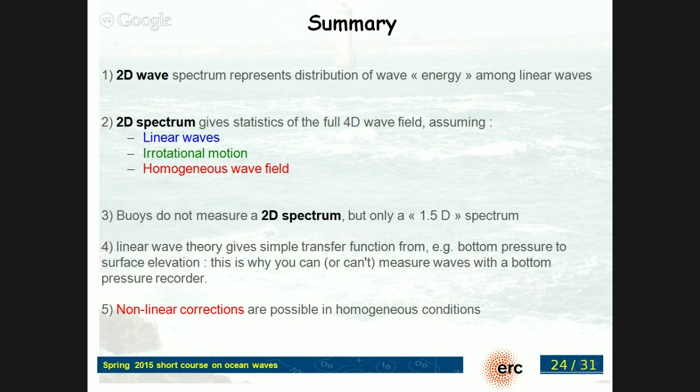There are people at Georgia Tech: Alvise Benetazzo at ISMAR in Italy, and Francisco Fedele at Georgia Tech are working on that with NCEP to have some package in WaveWatch to be able to compute the space-time extremes. What we have in WaveWatch is a second-order correction from Peter Janssen, and that's more used for computing the bound harmonics and things like this.